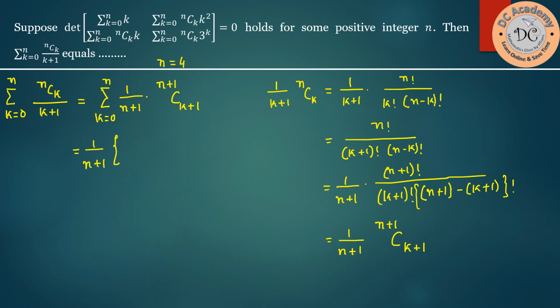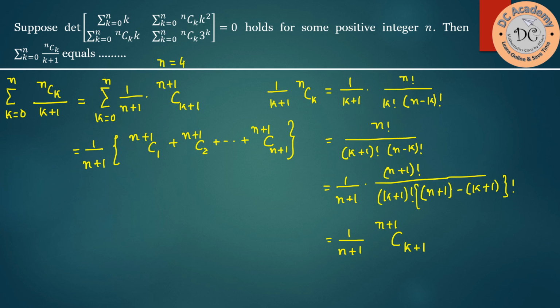Now if I put the respective values, it is n plus 1 C 1 plus n plus 1 C 2 plus dot dot, up to n plus 1 C n plus 1. That's it. Now see that it's a sum of all the coefficients of a binomial expansion, but only n plus 1 C 0 is missing.